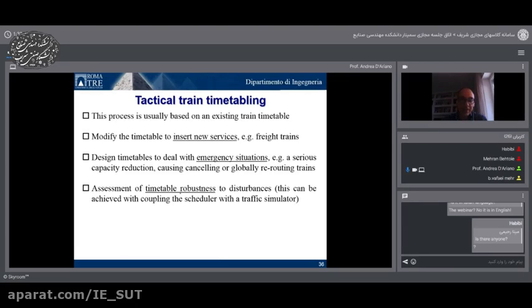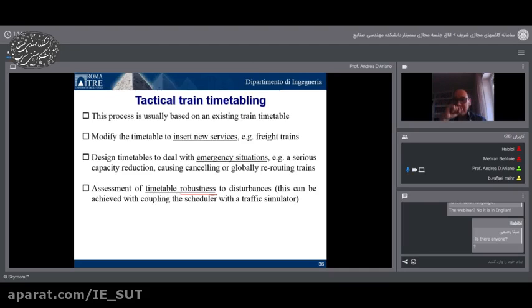Robustness cannot be defined in a unique way. Different researchers have different definitions of robustness. For example, Fischetti introduced light robustness concepts, and other researchers introduced other types of robustness concepts.